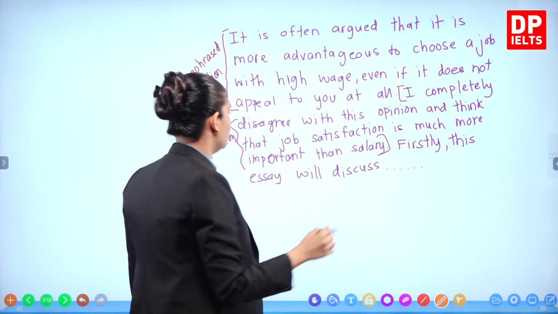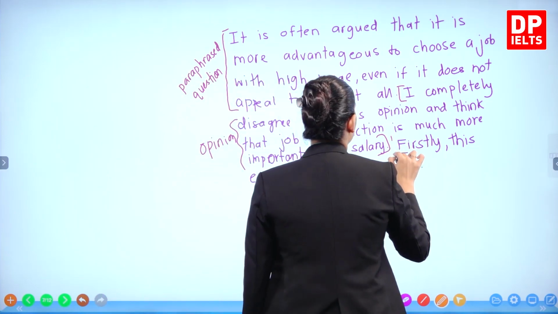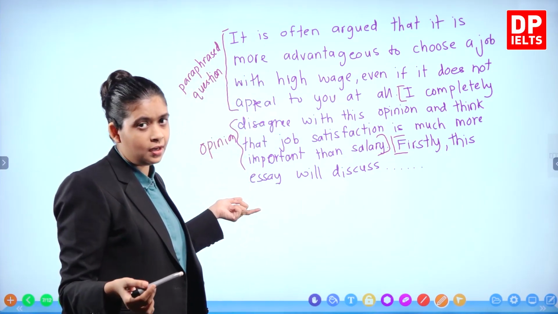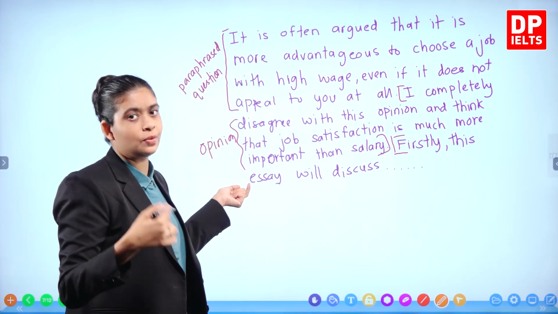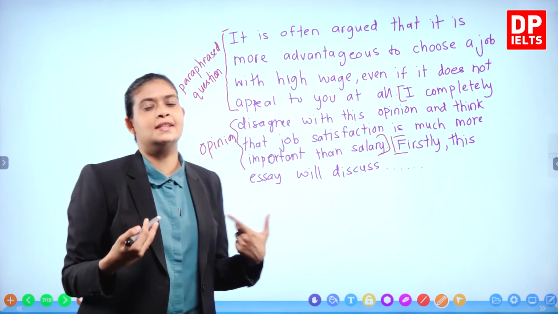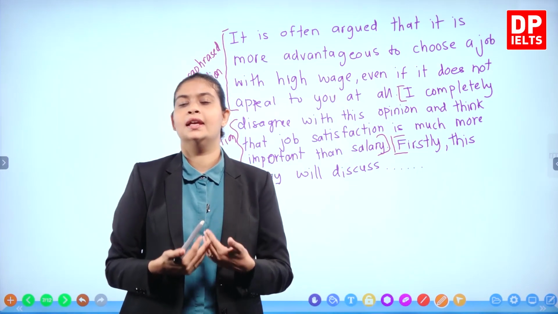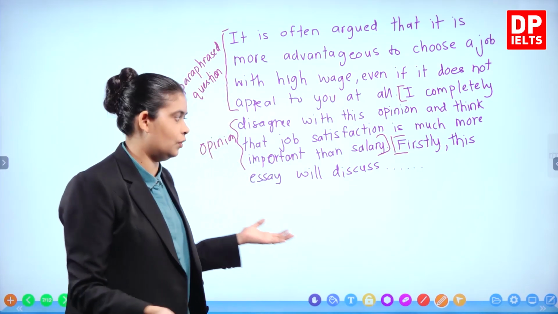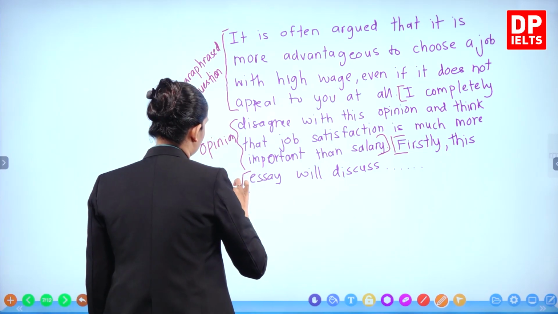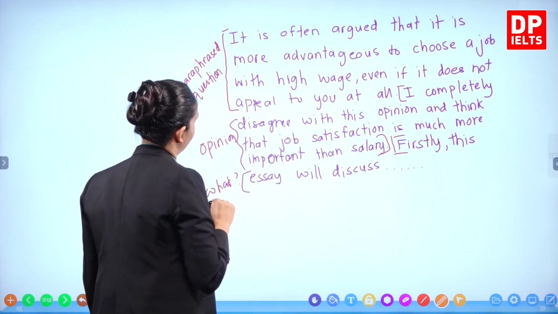Next, you can write down, firstly, this essay will discuss, what's the first one? That it is important to have self-satisfaction, and secondly, it will discuss the fact that it keeps one motivated. You will write what exactly you are going to write in this essay.